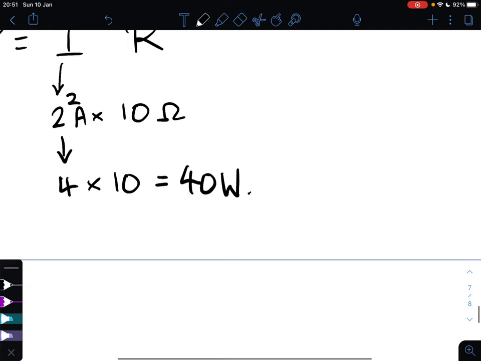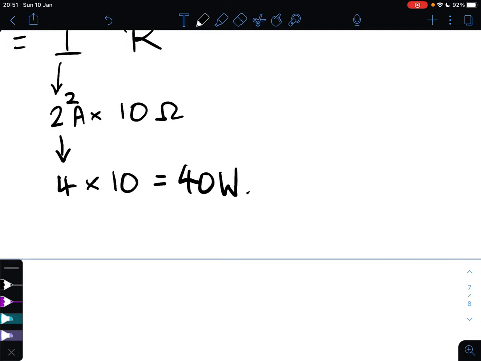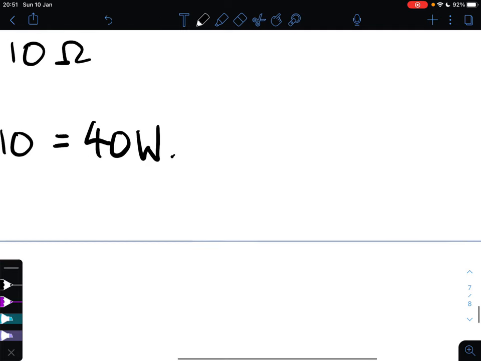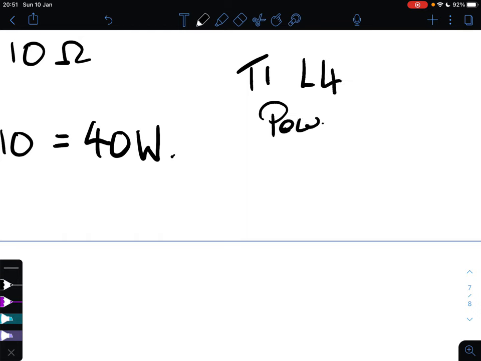Now there is another way of writing watts, because if you think about it, a watt is also how much energy per second. And if you remember from topic 1, lesson 1, we learnt about the power equation. It was probably lesson 4 or 5, the power equation.